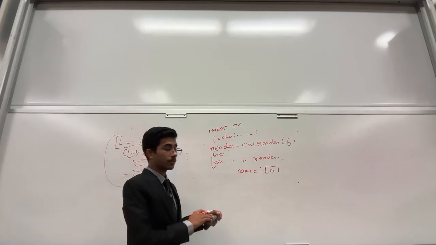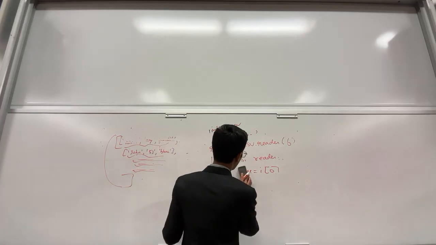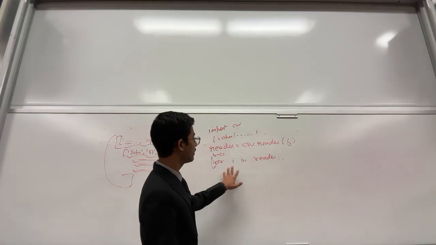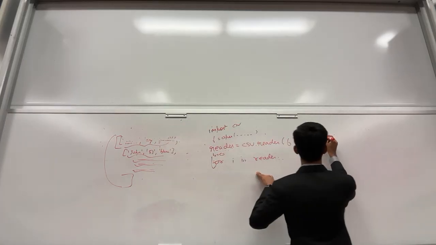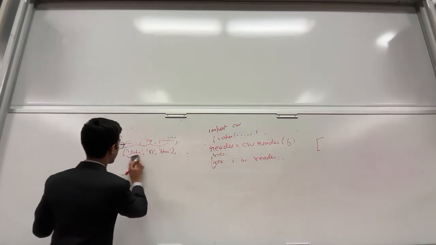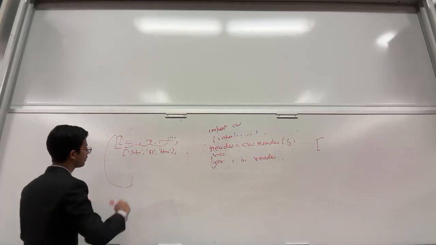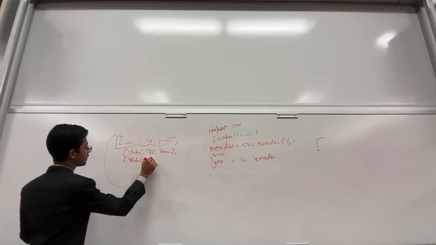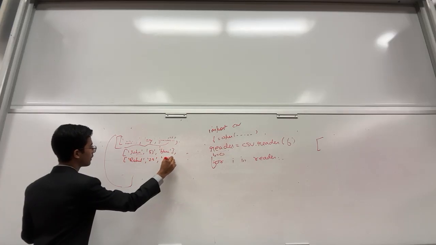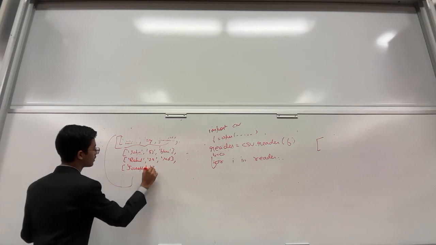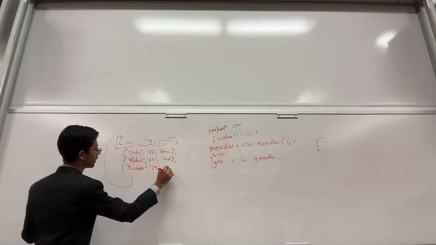Okay, now what? Well, let me go back here and say, so now we are in this reader. Let's just go back to that list. So let's say I have John 53 blue, then I have Rahul 25 red, then I have Joseph 39 blue again.